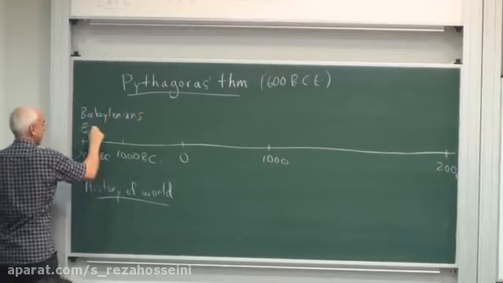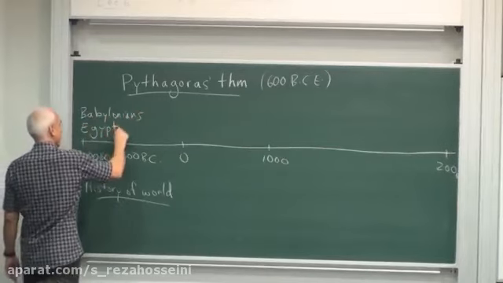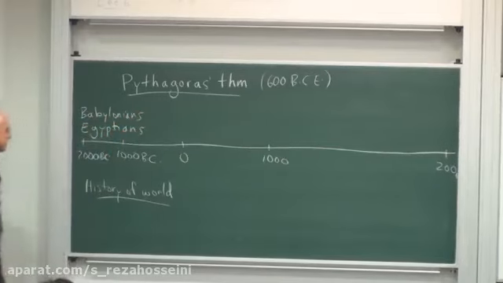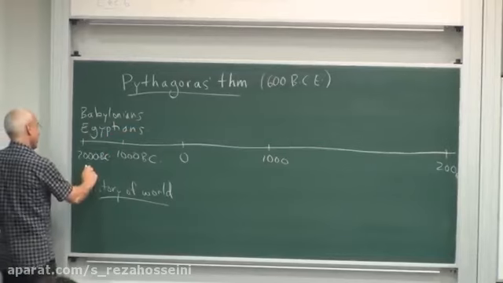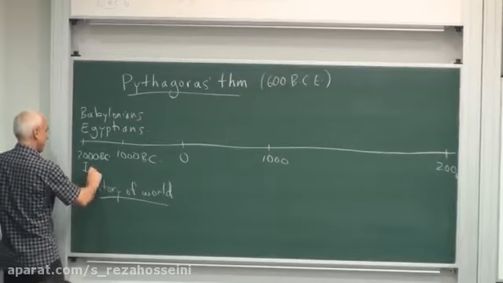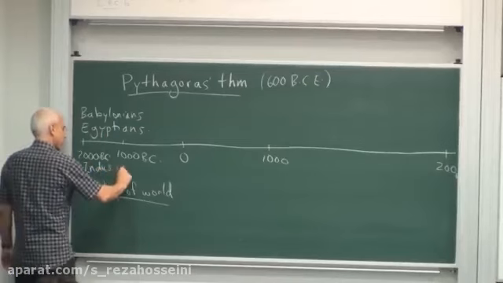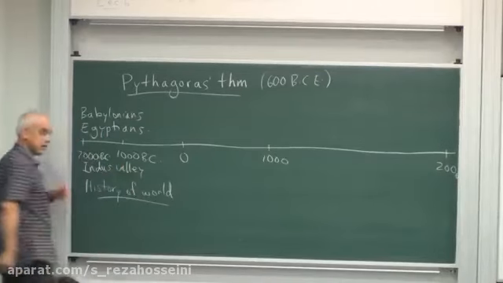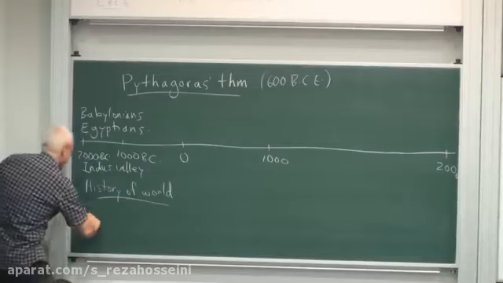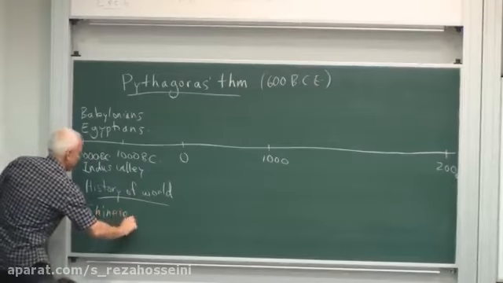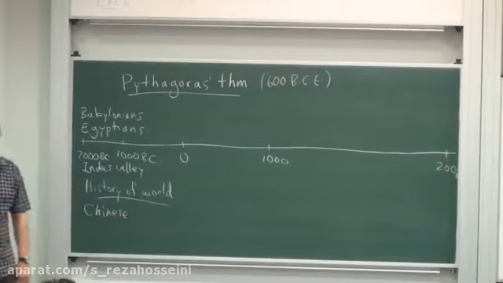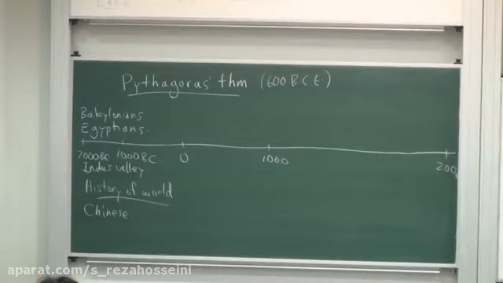And sort of roughly concurrent with them, the Egyptians. And in the east, we had Indus Valley Indians and Chinese early empires also. The Greeks don't really, so this is around 2000 BC.